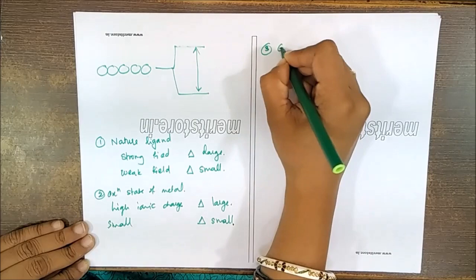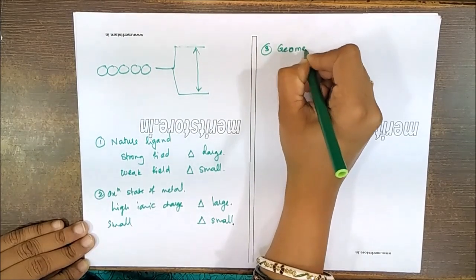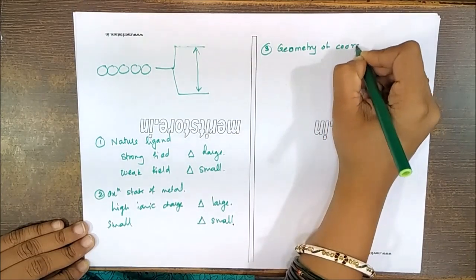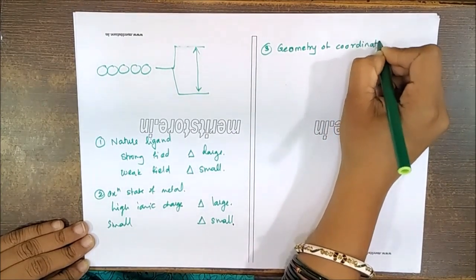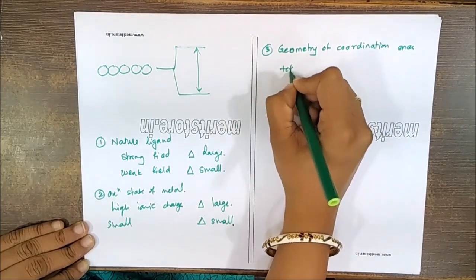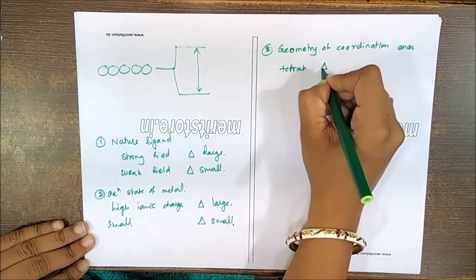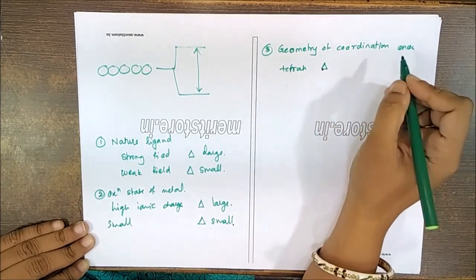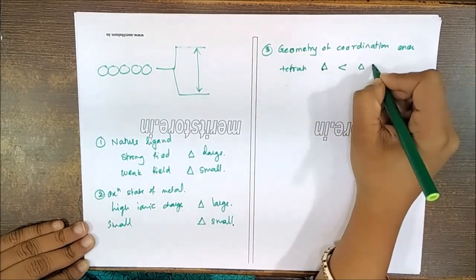The next factor that decides the splitting pattern is the geometry of the coordination entity. Generally it is found that for tetrahedral complexes, the splitting is about 1/2 of that of the octahedral. So octahedral splitting is more.